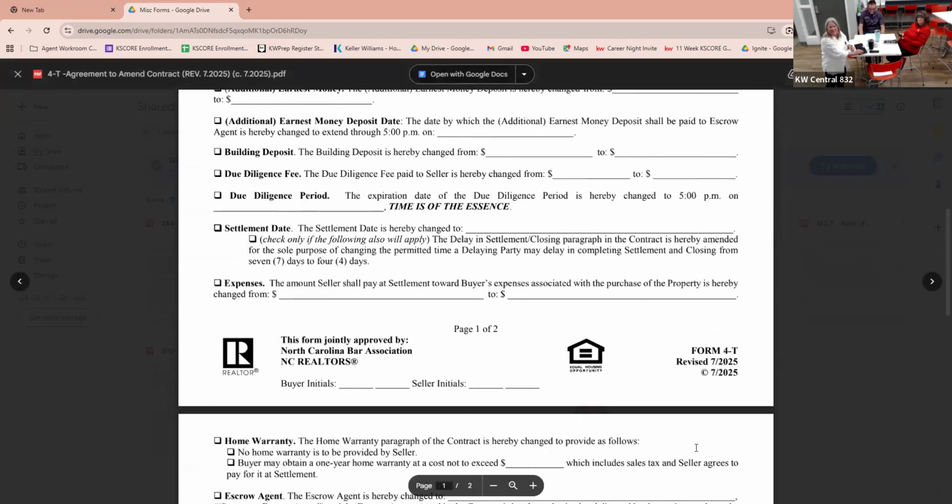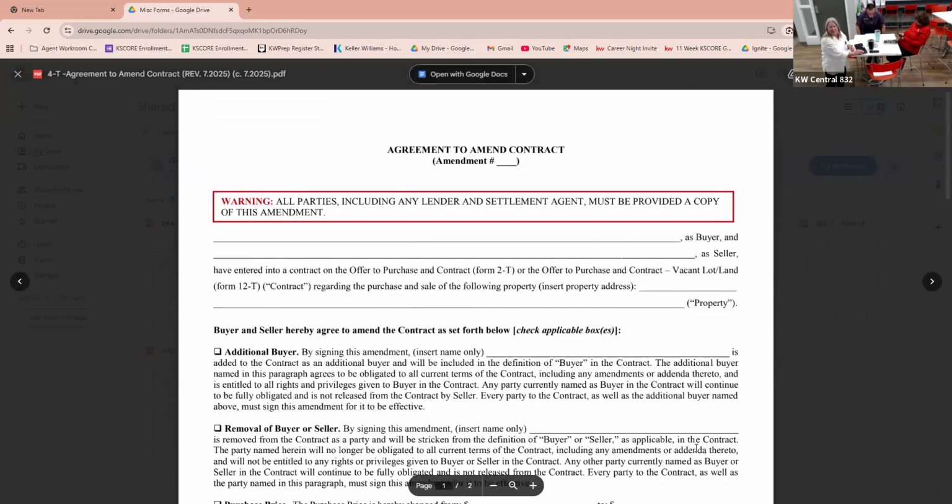Any questions on this? Anytime, we never, ever, ever modify a fully executed contract, ever. Anything that needs to be changed on a fully executed contract can be changed using the Agreement to Amend 4T.